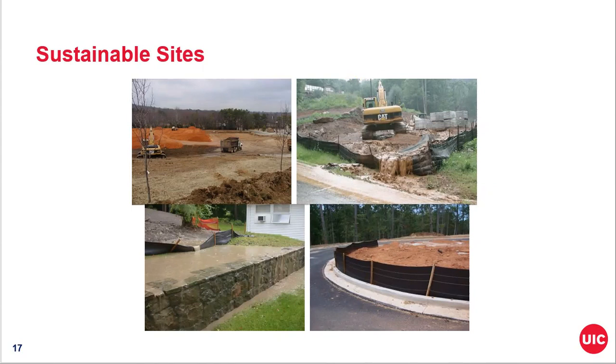The plan describes the measures implemented to prevent loss of soil from a construction site during construction, prevent sedimentation of storm sewers or receiving streams, and prevent particulate matter air pollution from airborne dust.